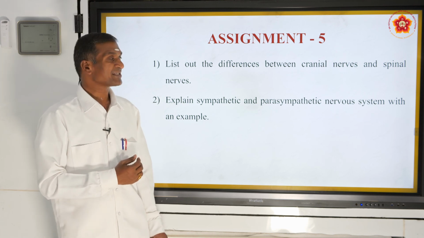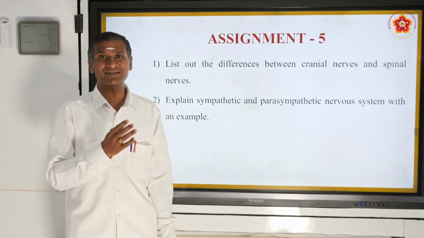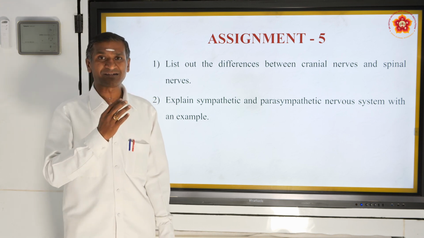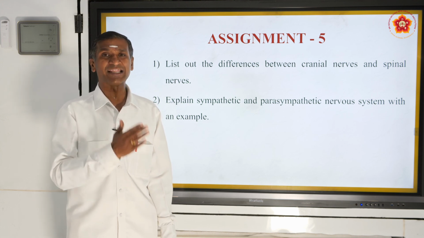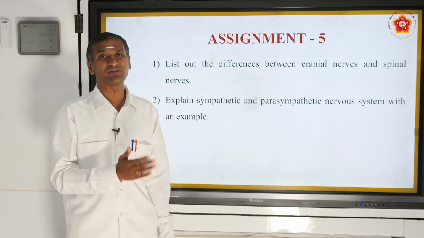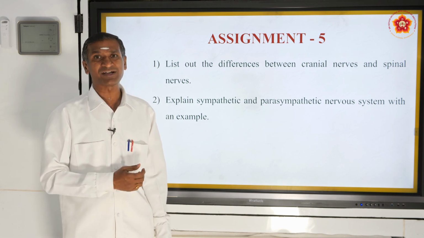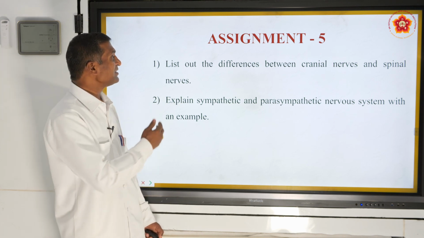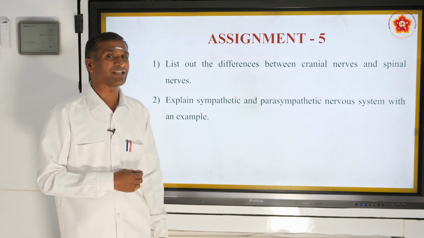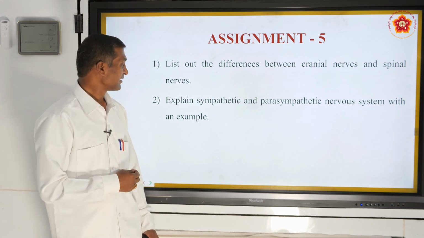Dear students, I hope that all of you will impose on yourselves the self-discipline of doing the work allotted that day on that day, and also revising it so that it will benefit you in the coming classes. Assignment 5. List out the differences between cranial nerves and spinal nerves.